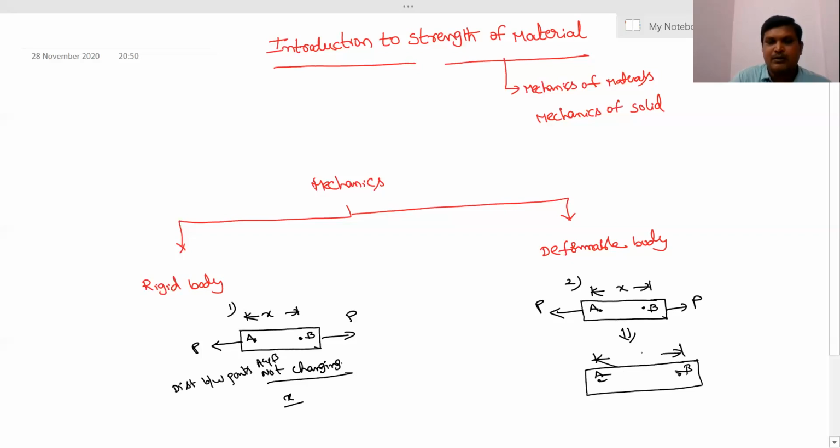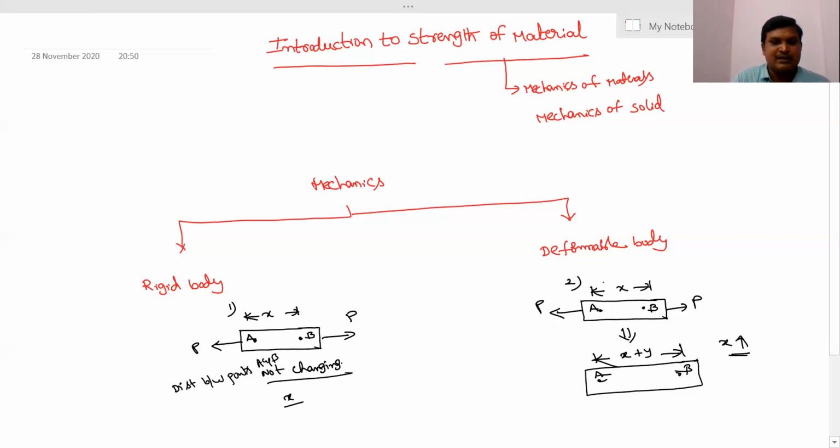Before applying the load, the distance was X. Now the distance between A and B is X plus 5. This means X has increased, so the body is deformed. That mechanics is called deformable body mechanics.